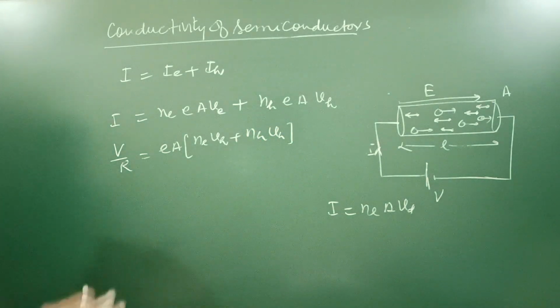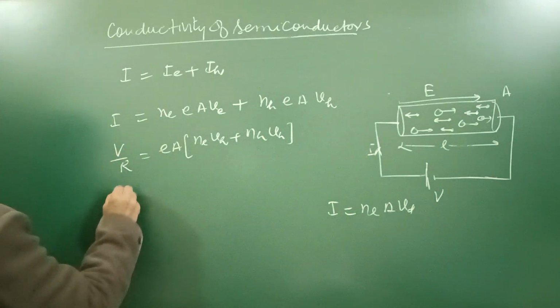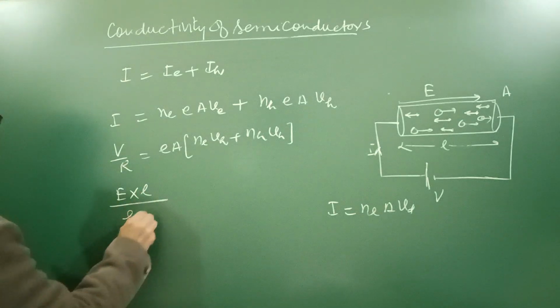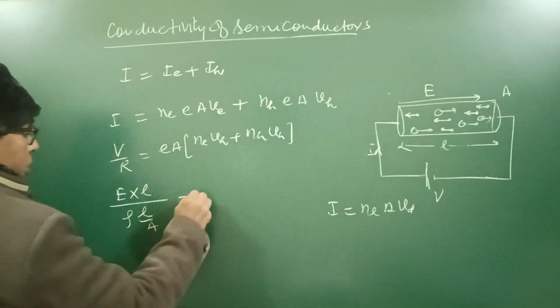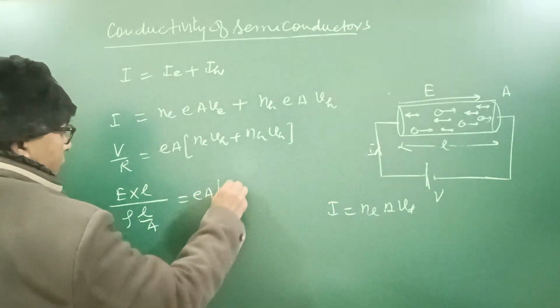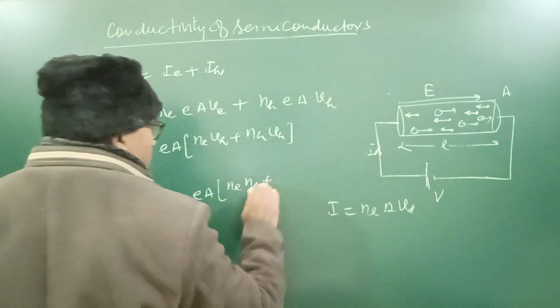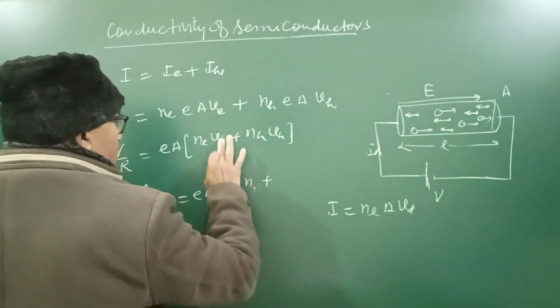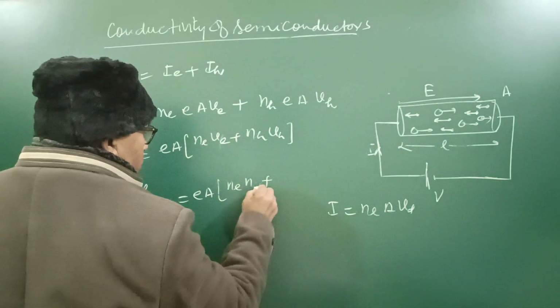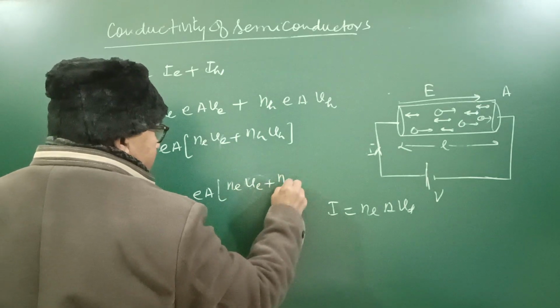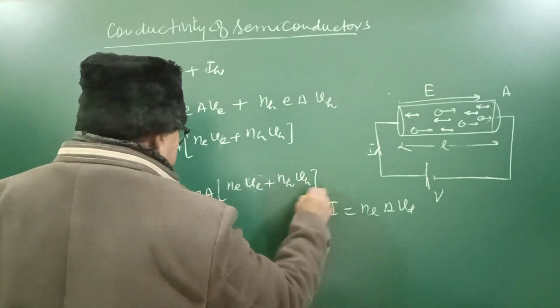Now from chapter 3 we know V equals E into L and R equals rho L upon A. So E L upon rho L by A equals e A into (Ne VE plus Nh VH).